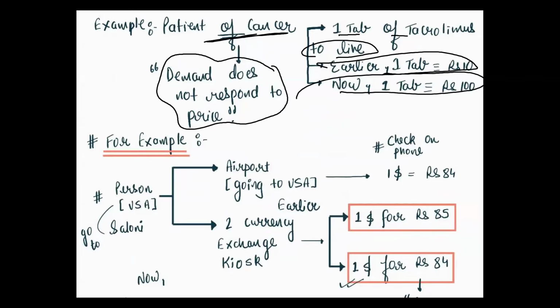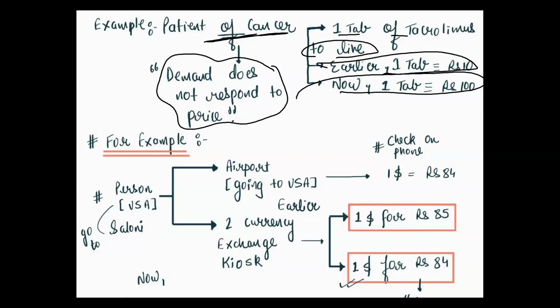Is it clear? So the quantity demanded for a tablet if you are suffering from cancer will not change, even if the price is changing drastically. Here quantity demanded does not change even a little, it does not respond at all with the change in price. They need it, so they need it.